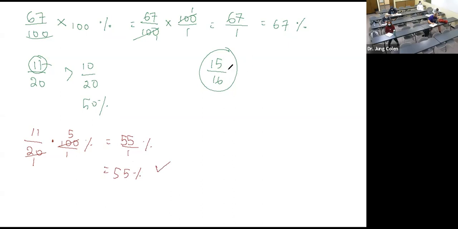Okay, how about this one? 15 over 16. We're going to do the same thing. Multiply that by 100% over 1. What can divide both 16 and 100? Both are divisible by 4. So divide 16 by 4, that's 4. 100 divided by 4 is 25. Nothing else is divisible. What's 15 times 25? 375.